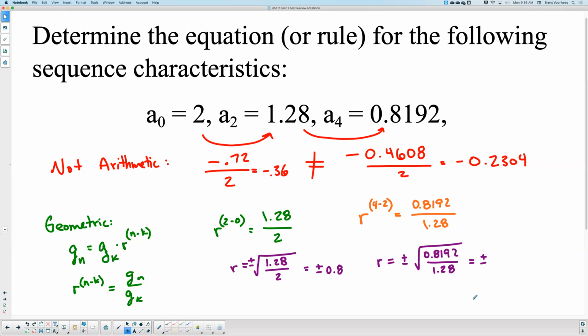So the square root of 0.8192 divided by 1.28. I'm only seeing a few people using their calculators. I'd recommend you doing this. We're getting 0.8.